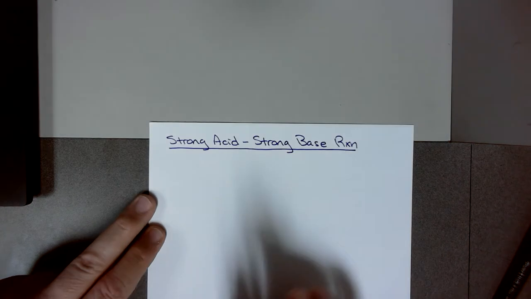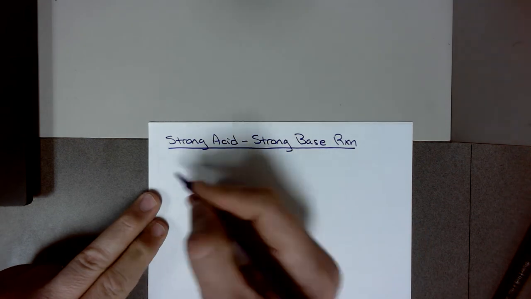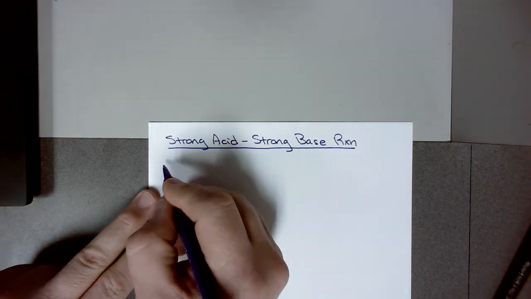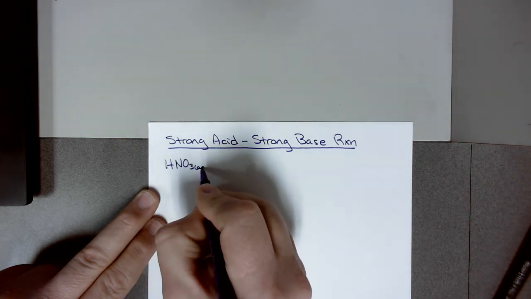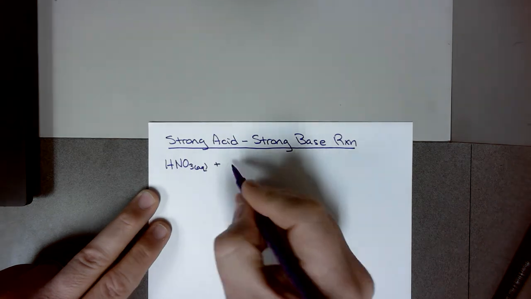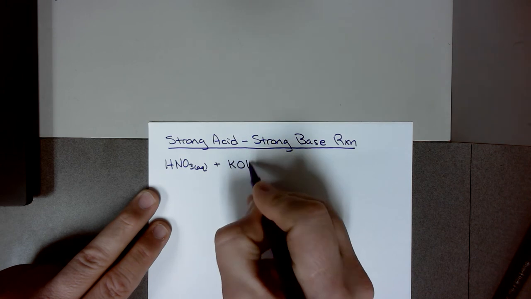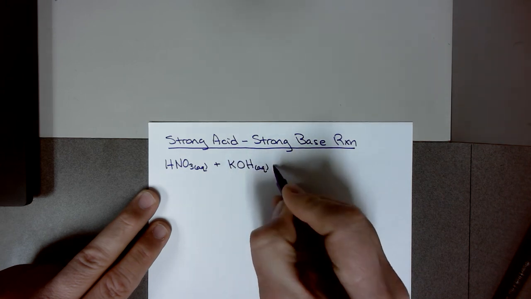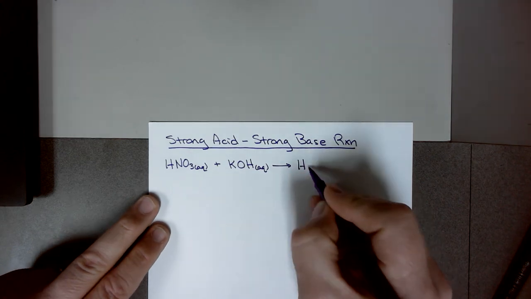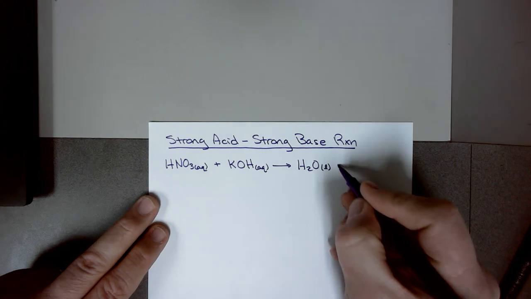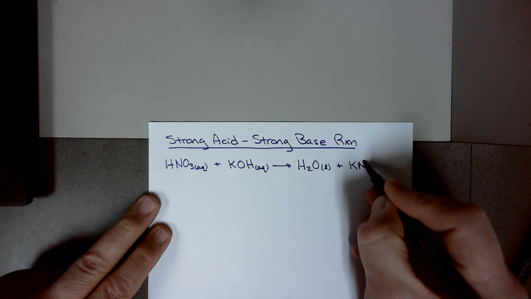So remember, let's look at what if we have a strong acid such as nitric acid. That's a strong acid, plus a strong base, and let's say we have potassium hydroxide. We know that's a strong base. They're aqueous, and it makes water, liquid, plus the salt, which in this case would be potassium nitrate.